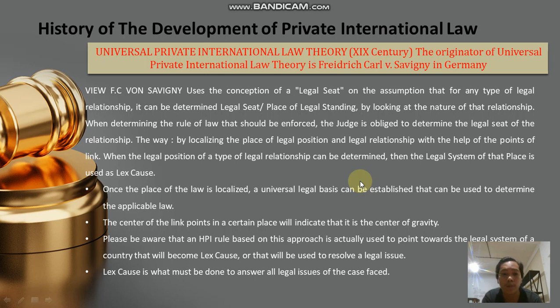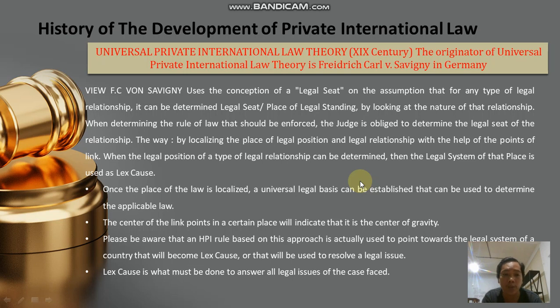When determining the rule of law that shall be enforced, the judge is obligated to determine the legal seat of the relationship, by localizing the legal position and legal relationship with the help of points of link.